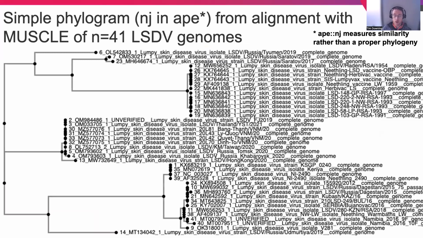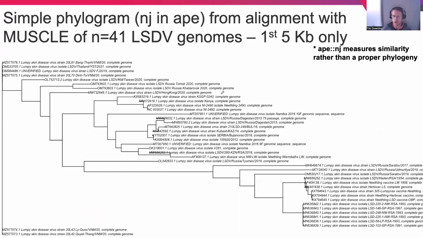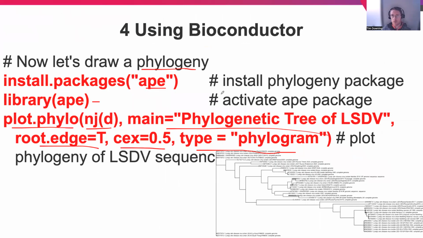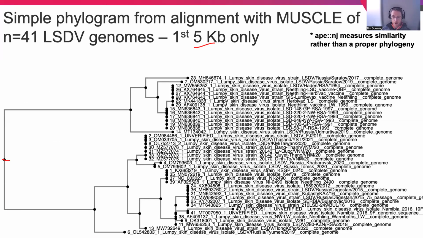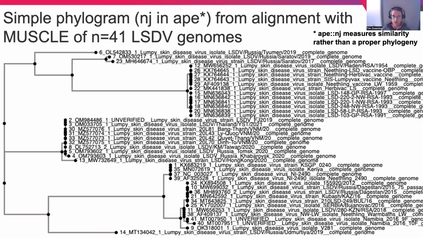If you look at the full alignment, you get a more resolved picture, where you can see there are more distinct clades that are definitely present. We're just looking at 5 kb only, because if you run the alignment for a much bigger sequence, it just takes forever. So we're skipping that in our example.